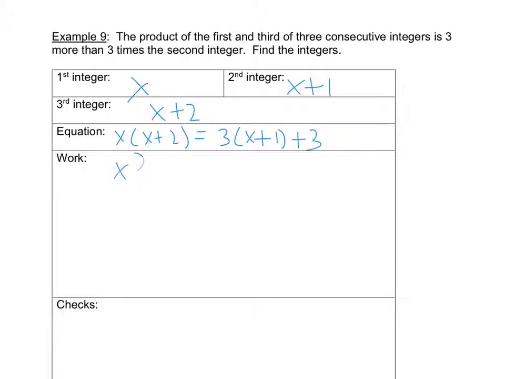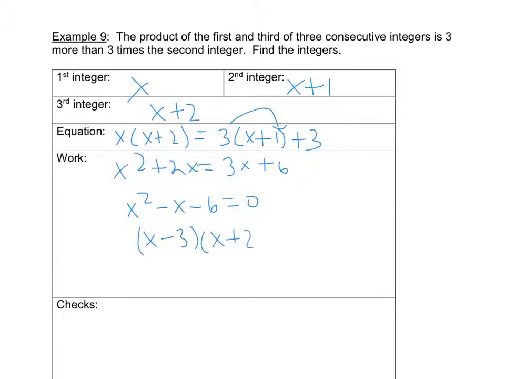So you have x squared plus 2x equals 3x plus 6, because 3 times x plus 1 is 3x plus 3, plus 3 is 6. Subtract them over, you get x squared minus x minus 6 equals 0. So x minus 3, x plus 2 equals 0, so we get x equals 3, x equals negative 2.